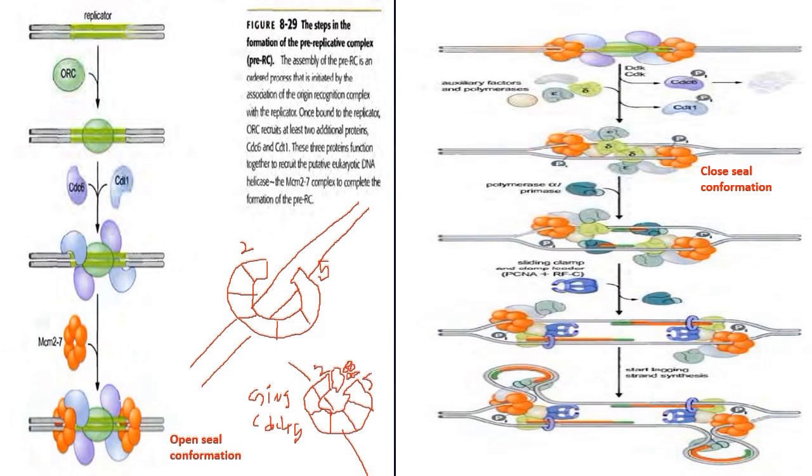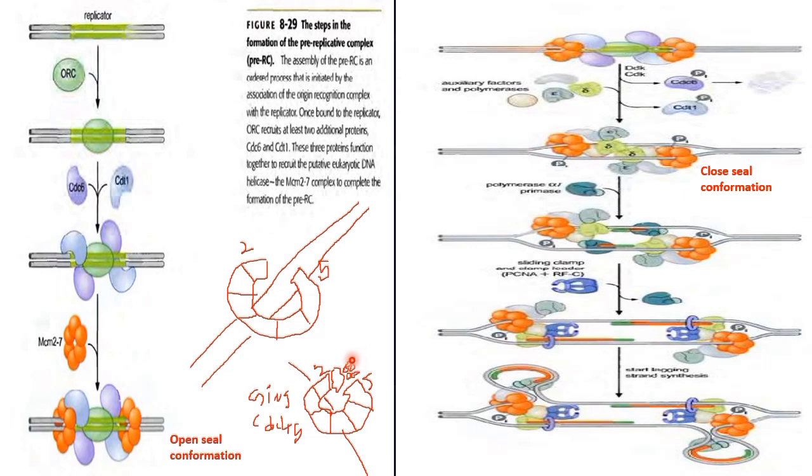The complete structure of closed seal conformation MCM complex will look something like this, where this is the MCM2-7 complex. This is the second subunit and this is the fifth subunit. This one is the GINS and this one is CDC45. This now has a new name, which is called CMG helicase, which stands for CDC45, MCM2-7 and GINS.